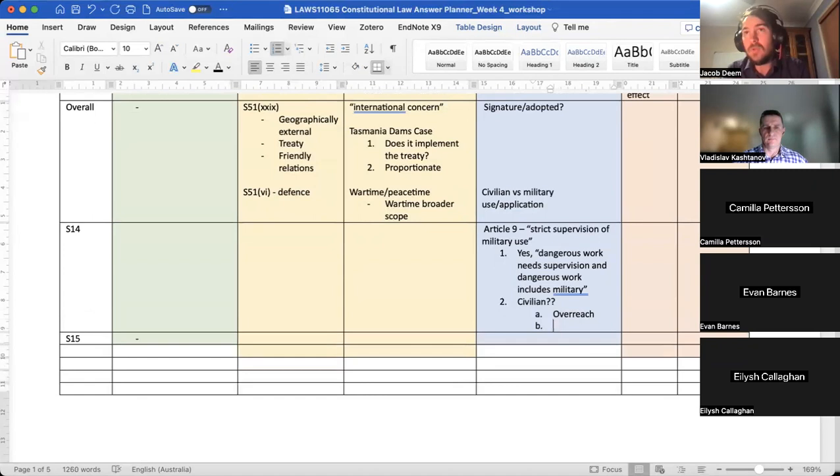If you were the Commonwealth, what you might do is focus in on the wording of Article 9 that allows states to use any regulations necessary, and these ideas provided in the Section 14 definition of dangerous work as threats to public safety.